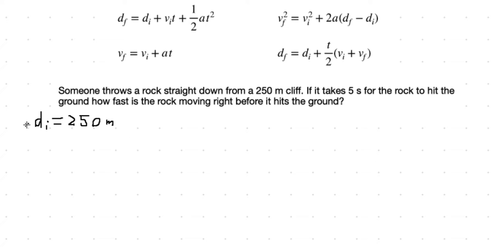And then the rock is going to be thrown down to the ground. So at the ground, we could assume that that is going to be your final position. So it's going to be DF. And at the ground, we call that 0 meters. So let's write this down for our givens.